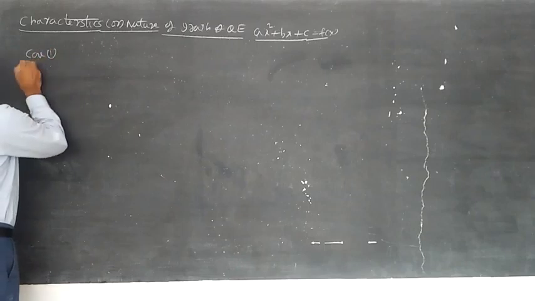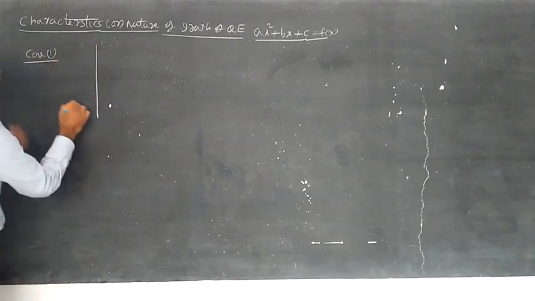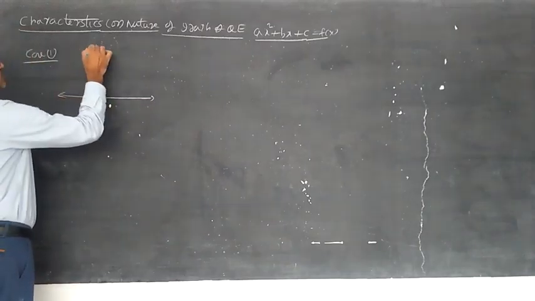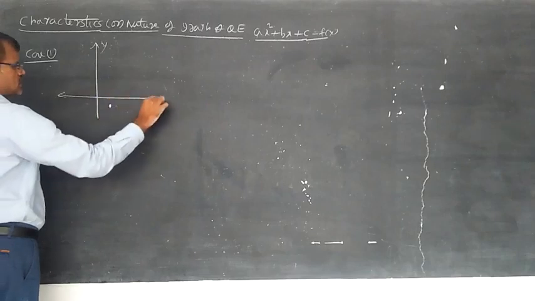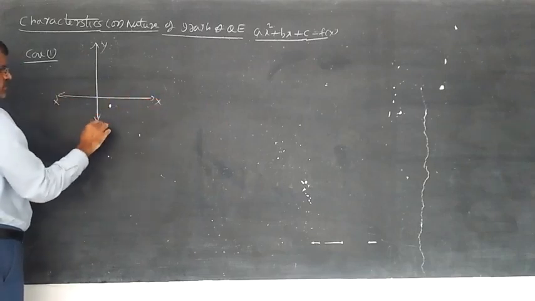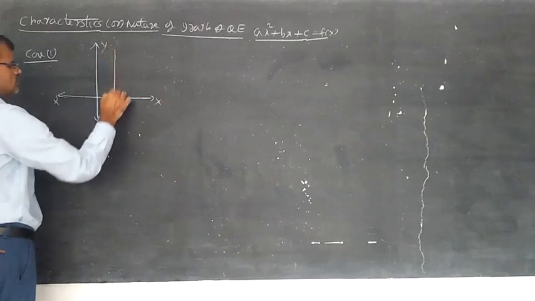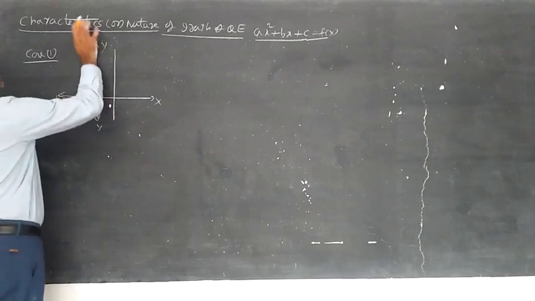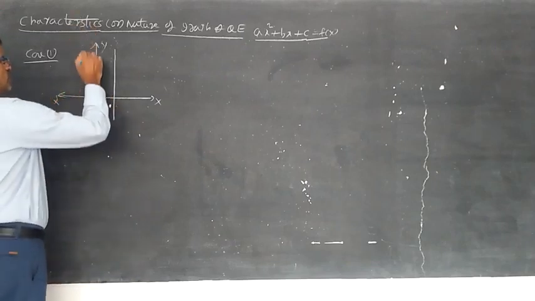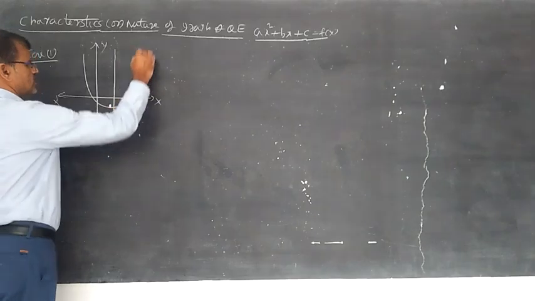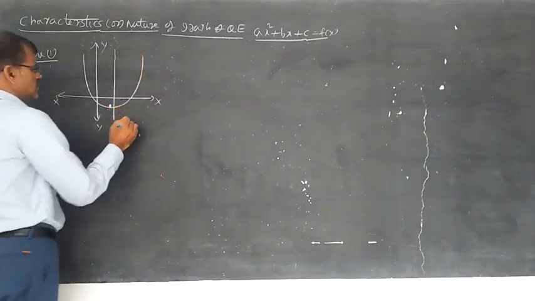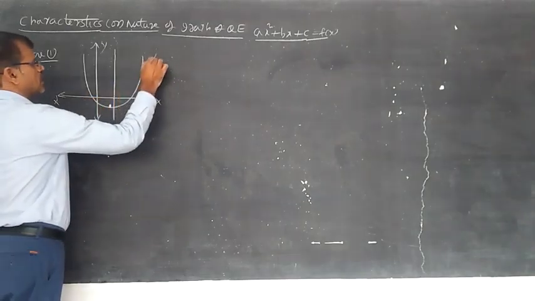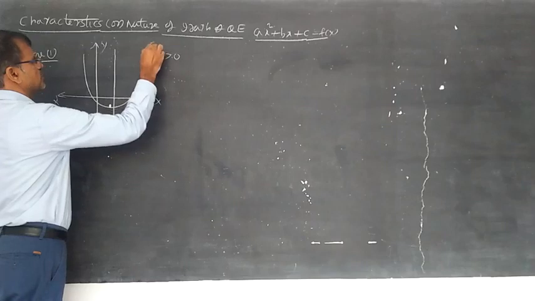Case 1. Draw like this. This is the y axis, this is the x axis, this is the x dash line, this is y. Here I am writing delta greater than 0, a greater than 0.